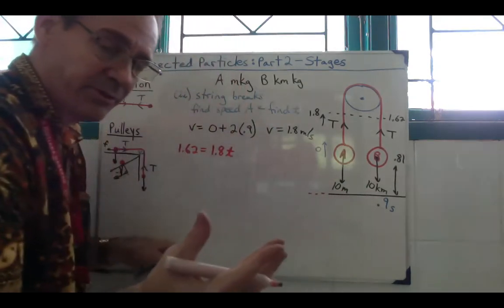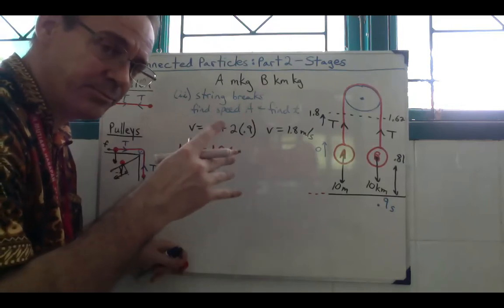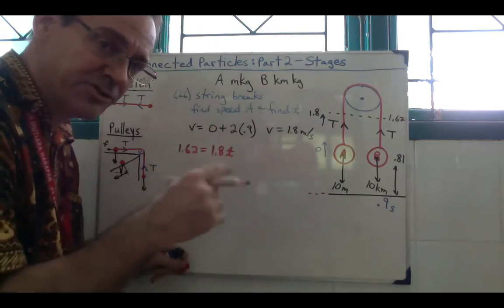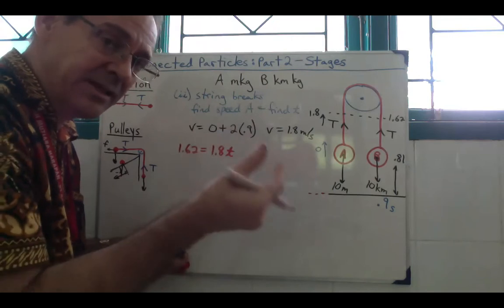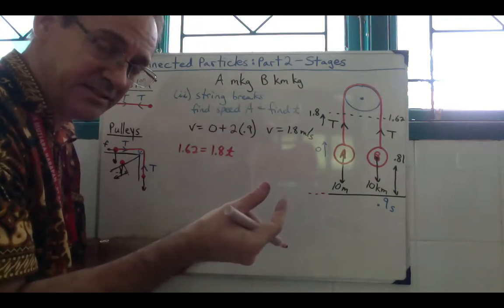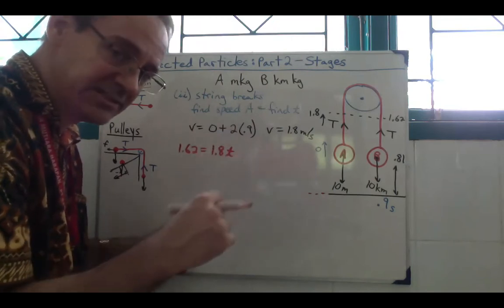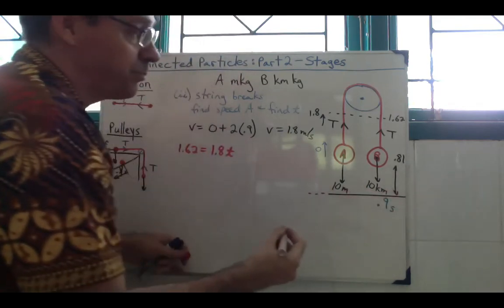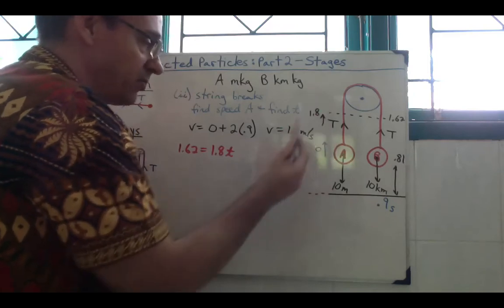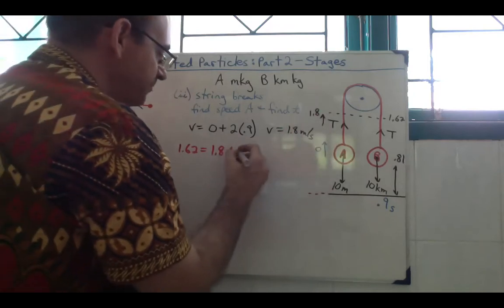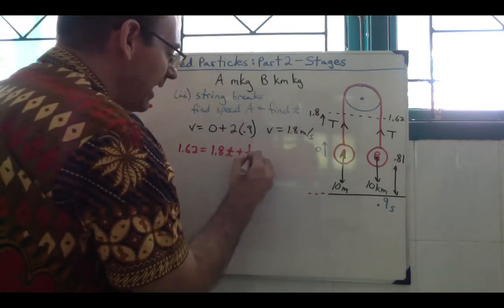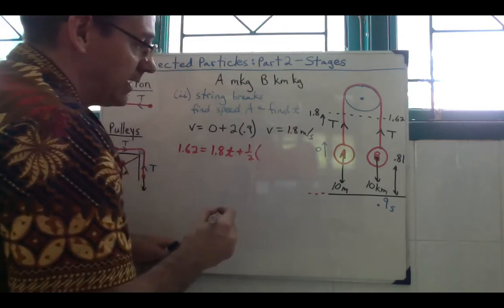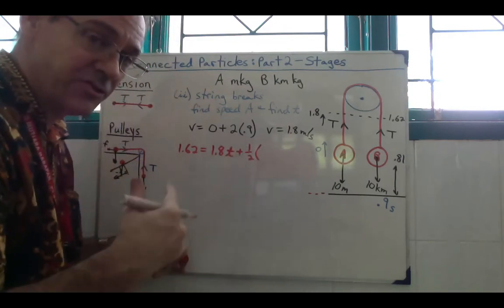Make sure you establish your point of reference because different people can choose a different point of reference and it will make your signs different. So as long as you're consistent with your point of reference. So if I use the ground as point of reference, the 1.8 is going away, so it's positive, plus 1/2. Now acceleration is due to gravity.